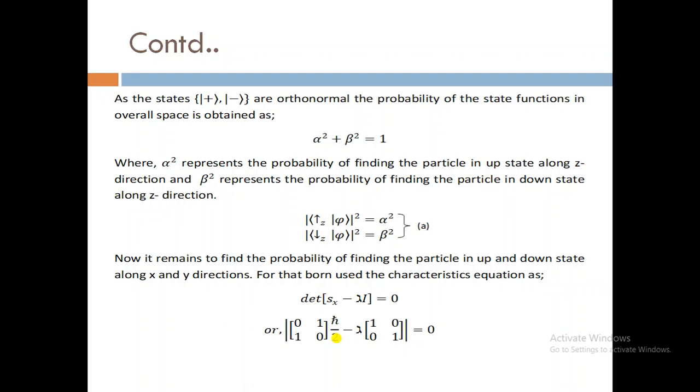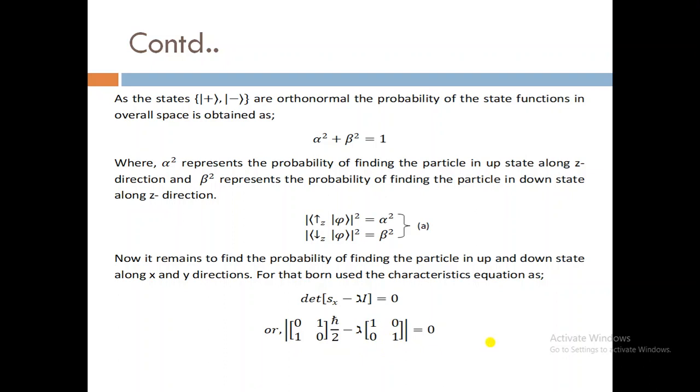If you become confused, you can watch that. We found the value of sigma x there: 0 1, 1 0. Alright, so I have put the value of sigma x, 0 1 1 0, and h cut by 2 from here, minus lambda, and I is the identity matrix, so here it is a 2 by 2 matrix, so we put the 2 by 2 identity matrix over here, equal to 0.